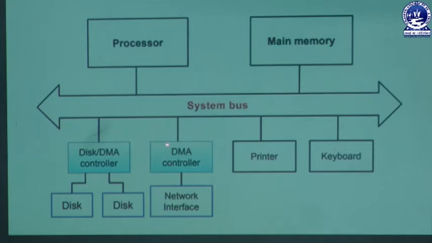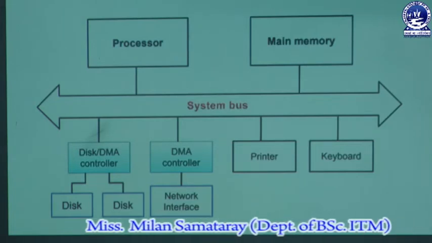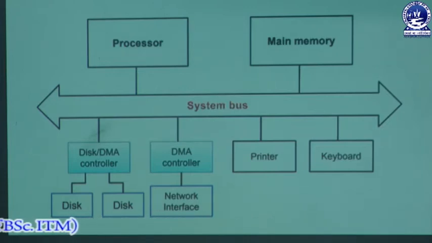The DMA controller holds 3 registers. The first register is used to hold the starting address of the memory where the data transfer will start. That is, when we store the data transferred from the IO device to the main memory, from which address will that data be stored.